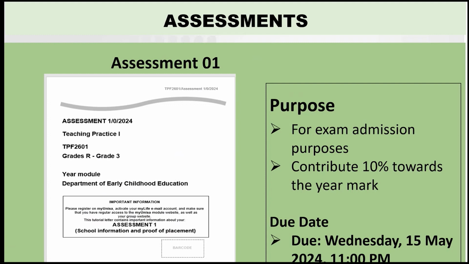In your assessment 1, let me start by emphasizing the due date for assessment 1 is on Wednesday, the 15th of May, 2024 at 11 p.m. Please take note of the due date and also note that there will be no due date extension. If you do not manage to submit your assessment by the due date, take it that you've already failed the assessment.